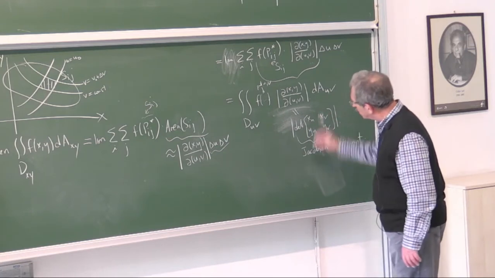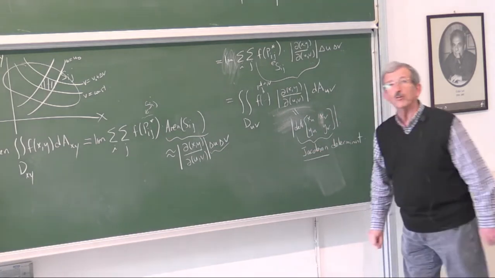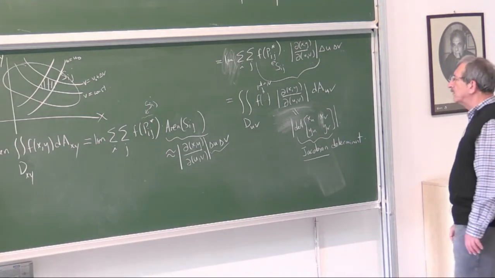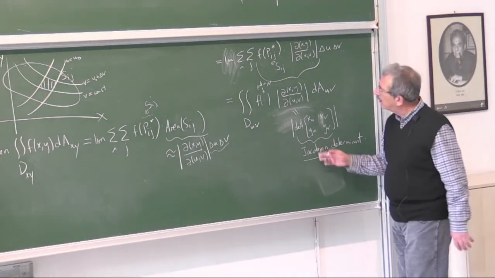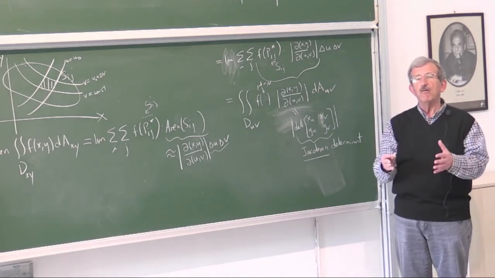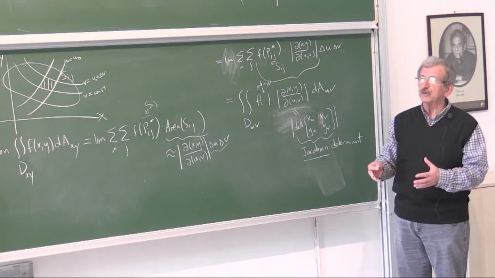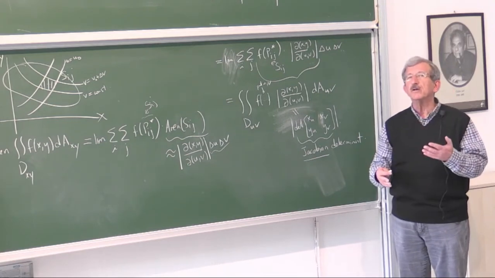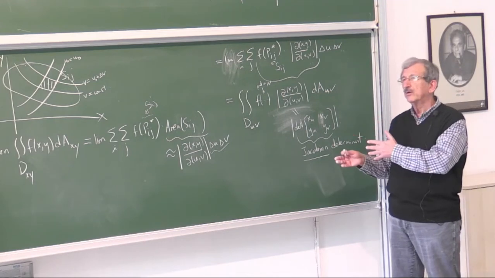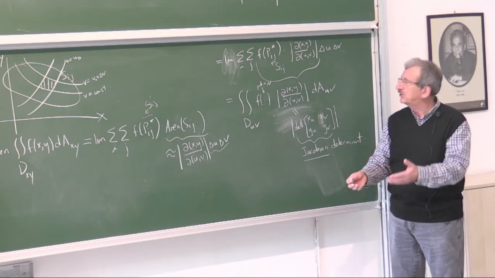Without the determinant, it's just called the Jacobian. Note that the Jacobian here plays the role of the derivative of the function when you make a change of variable. Something like if x is g of u, then the derivative of g is here.